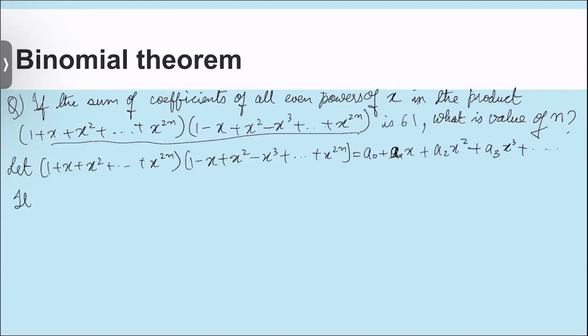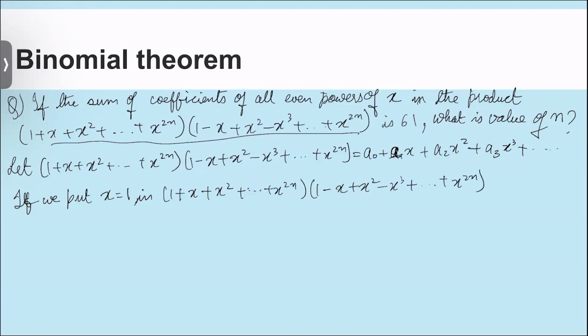Now, if we put x equals 1 in 1 plus x plus x squared plus x raised to n, and 1 minus x plus x squared minus x cubed plus x raised to 2n, okay, over here this actually comes out to be 1, since x is just 1, so you have 1 plus 1 plus 1 plus all the way up to plus 1.